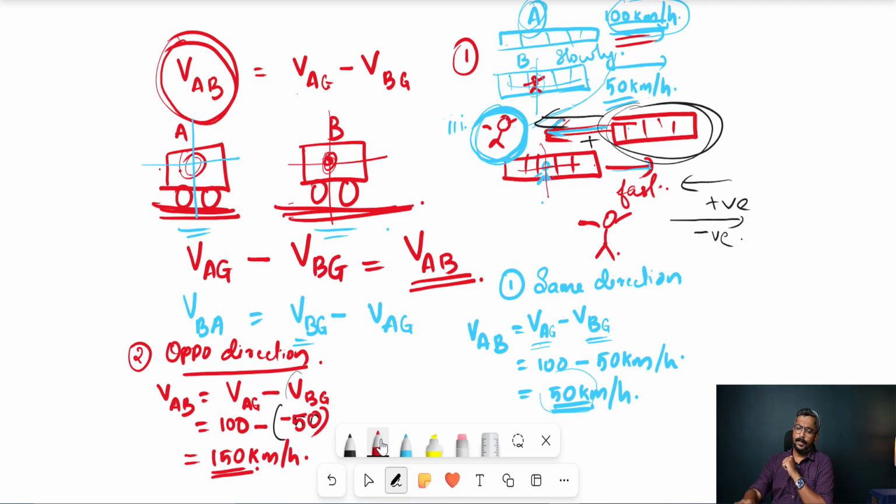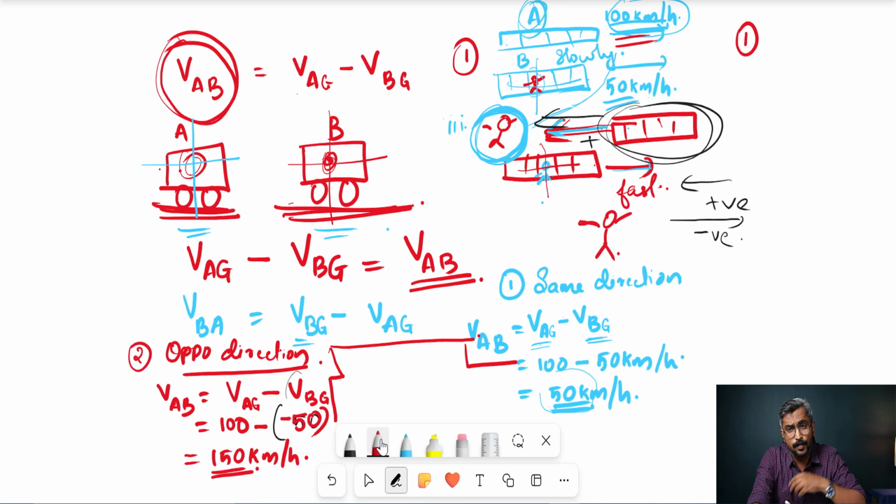The basic thing to note is what changes once relative motion comes into play. Once the frame of reference comes into play, first and foremost the velocity will be relative.